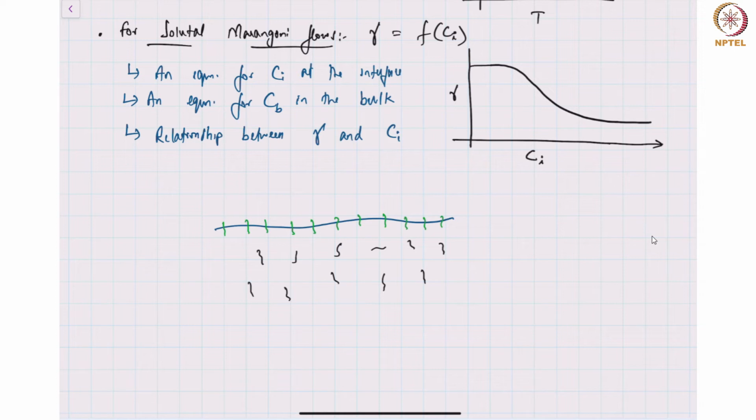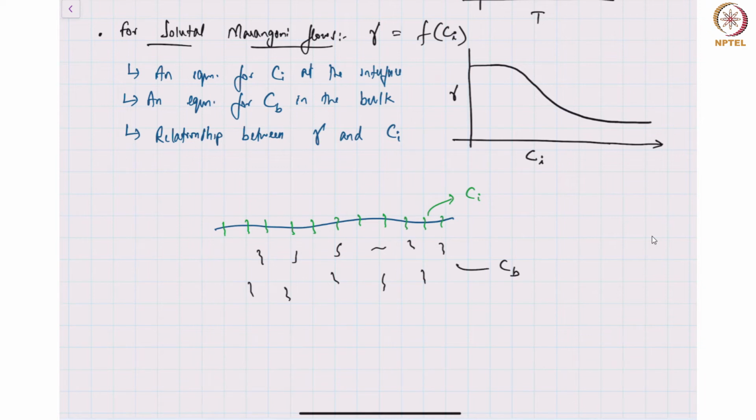And we will have two separate evolution equations, one at the interface for Ci, and one in the bulk, that is Cb. Note that we are not writing down equations for individual surfactant molecules or transport of individual molecules.